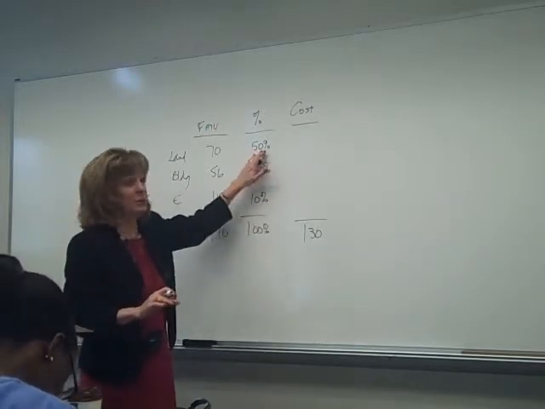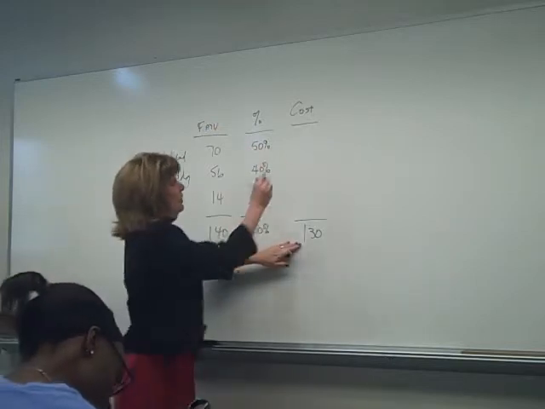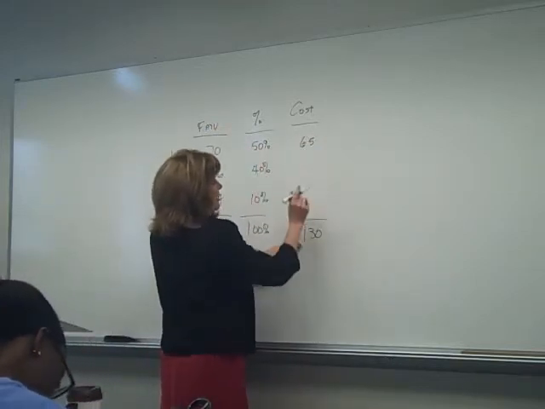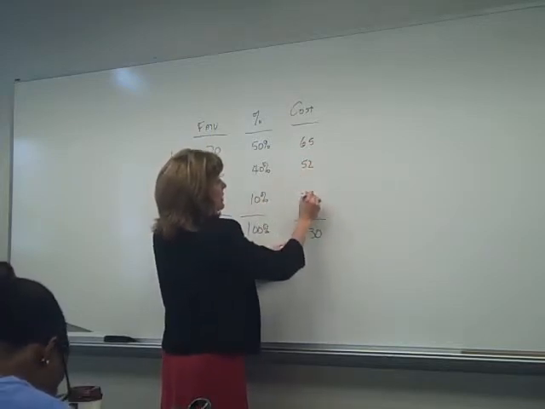Now, we're going to take 50%. Are you ready? 50% times 130 is 65,000. 40% times 130 is 52,000, and 10% times 130 is 13,000.